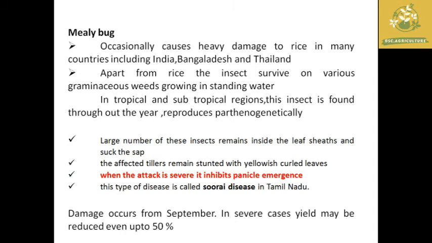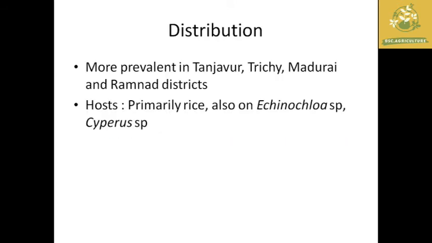The damage usually occurs mainly in the September season by the mealybug, and in several cases the yield may be reduced by up to 50% if there is a high infestation of mealybug. The major distribution in Tamil Nadu is Thanjavur, Trichy, Madurai and Ramanad districts, and the host plants other than rice are Echinochloa species and Cyperus species, which are the major mealybug hosts affecting rice in TN.